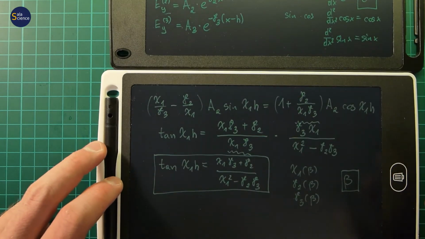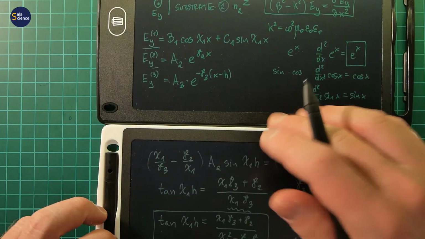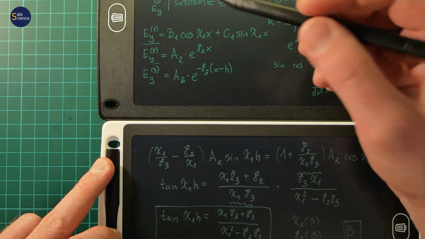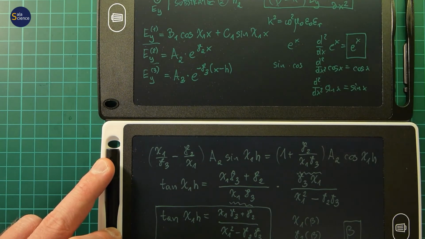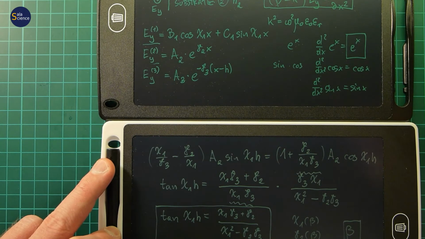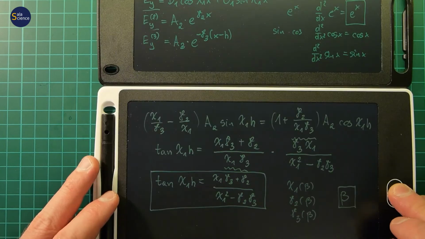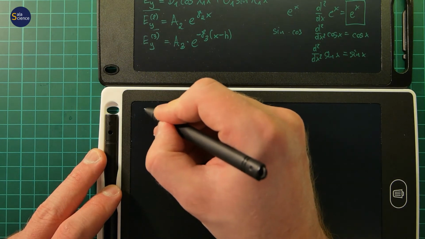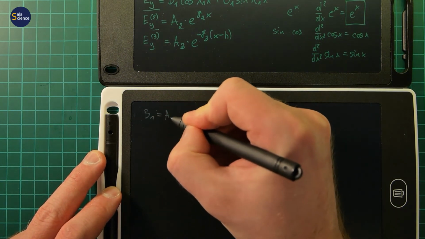So from this equation we can get beta, but now we also have to calculate the B1, A2, C1, A3 constants. There is always one unknown constant actually, because it influences the amplitude, the intensity of the electric field. So now let's write all the constants. We know that B1 equals A2.